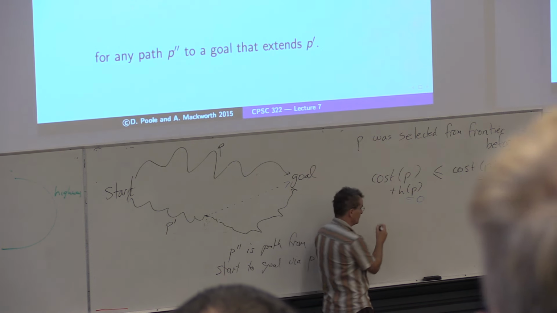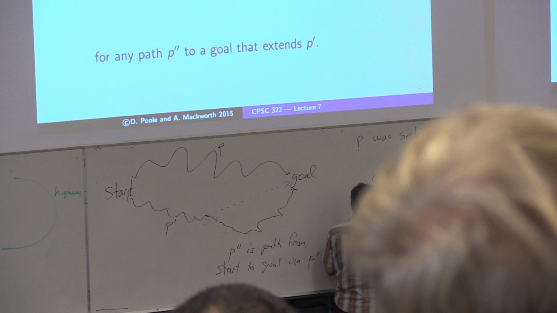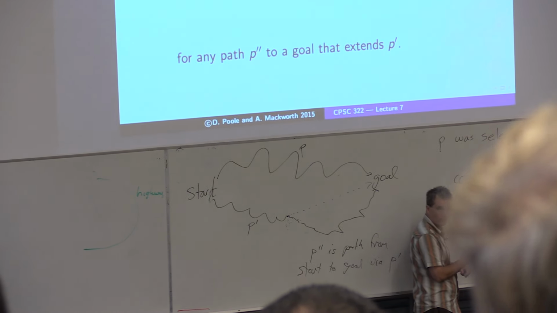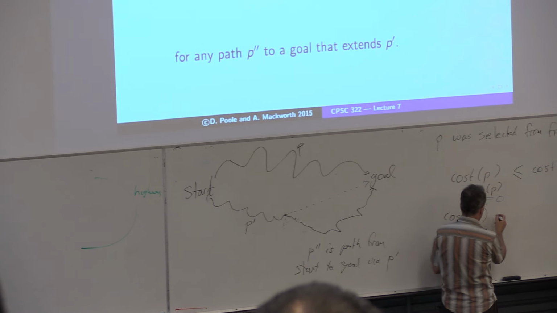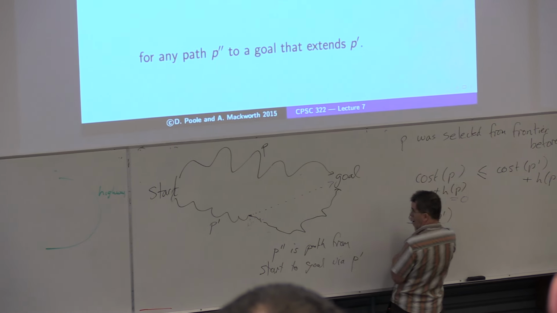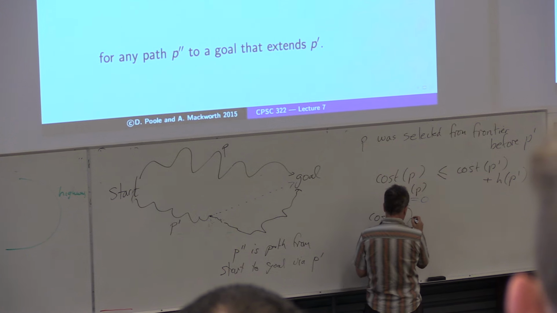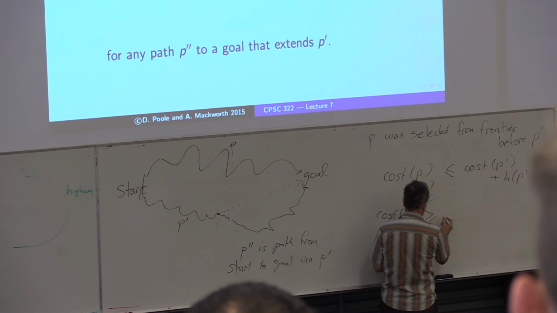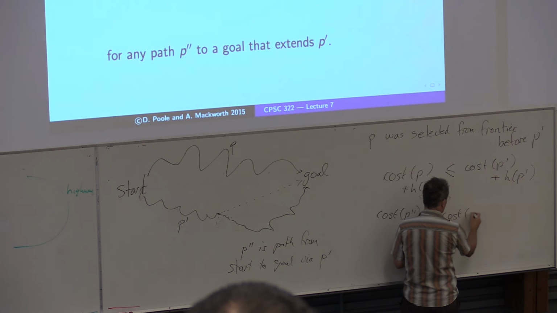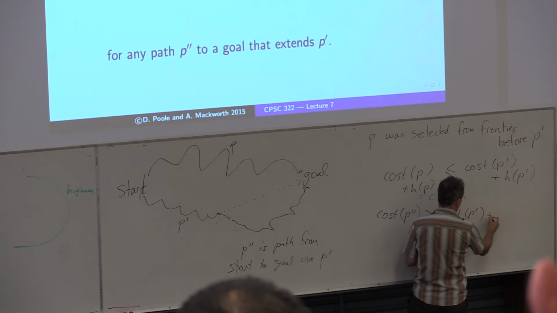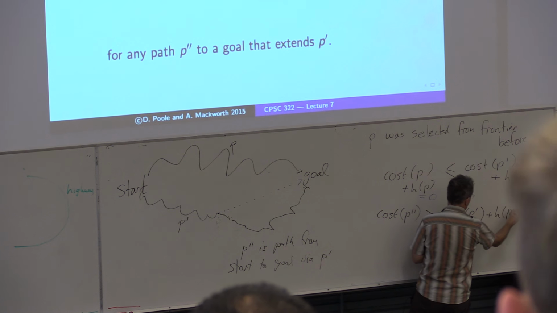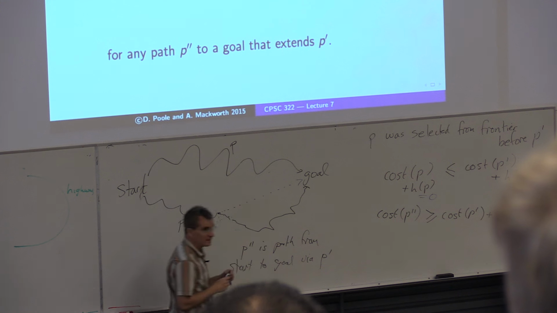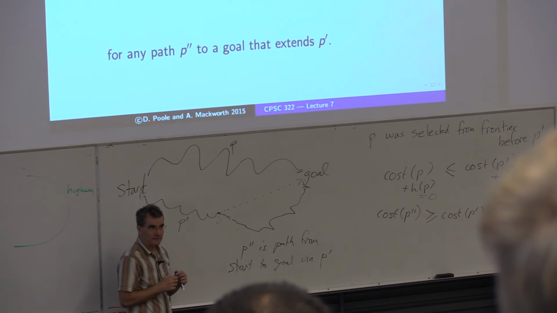The cost of p prime plus h of p prime will be less than or equal to the cost of p double prime, right, because it's an underestimate. Does that make sense?